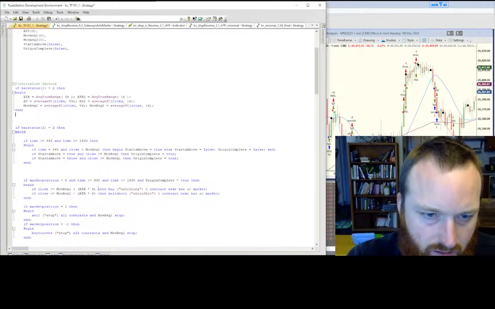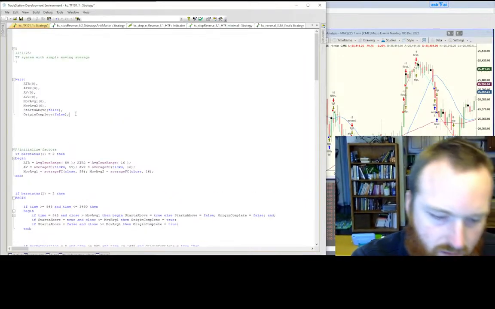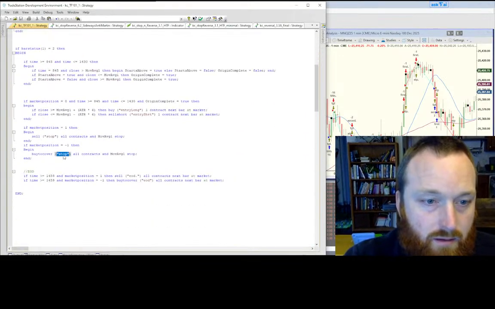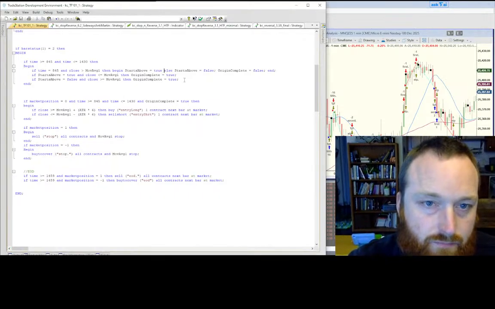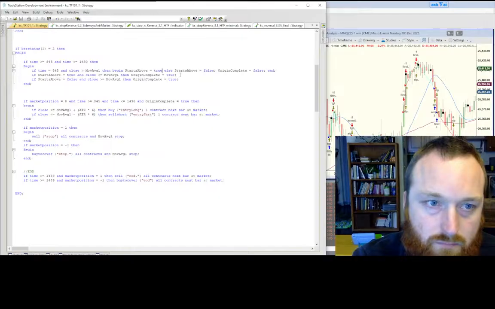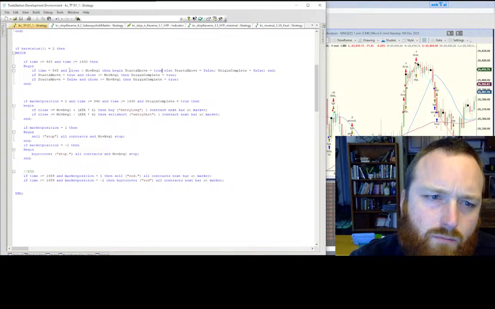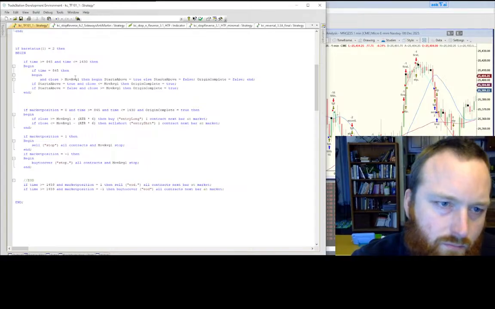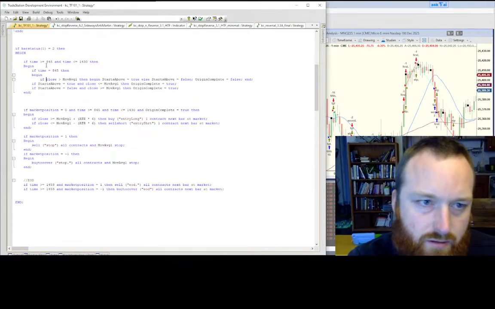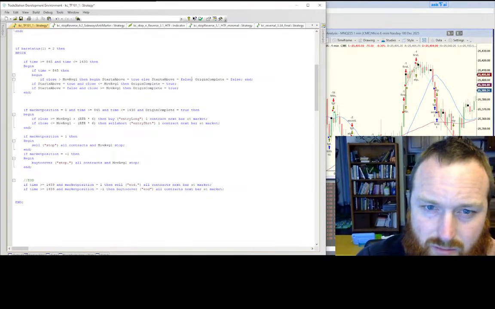All right. Is that all we need? Yeah, just send it and see what happens. All right. So basically, if close is greater than moving average, then starts above, else starts above equals false.